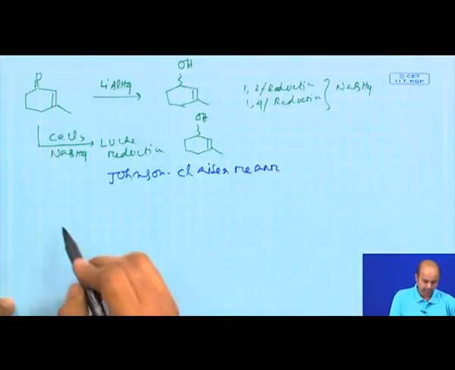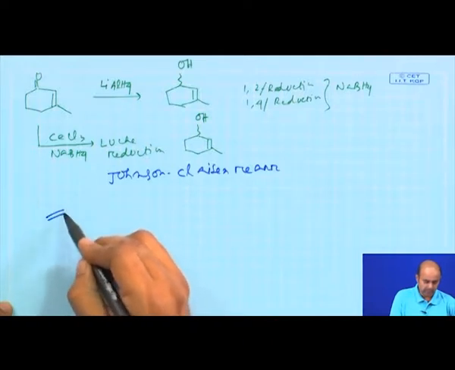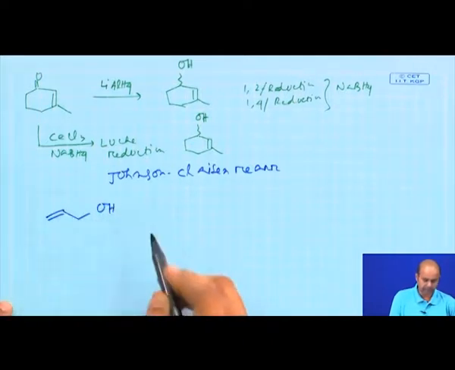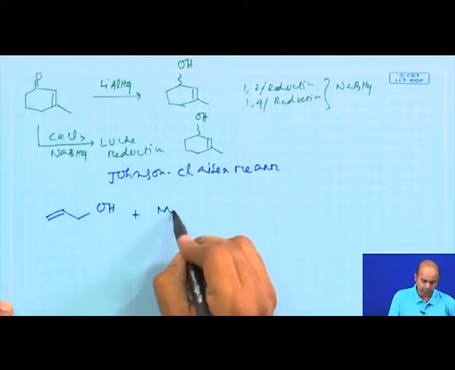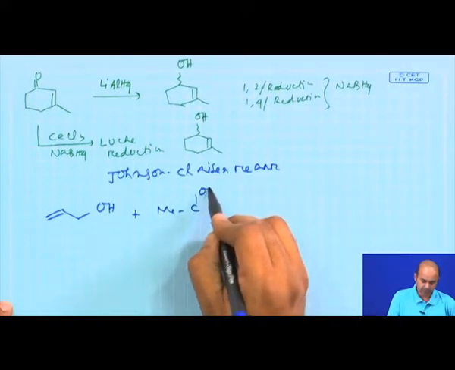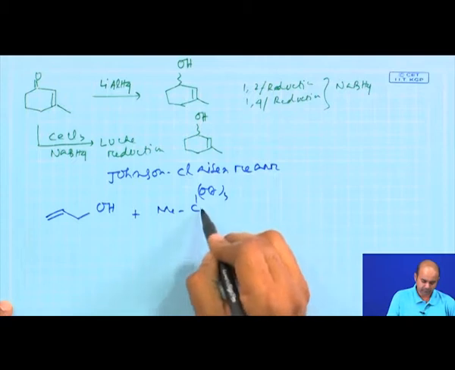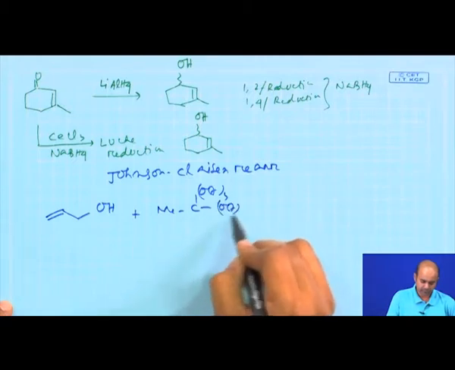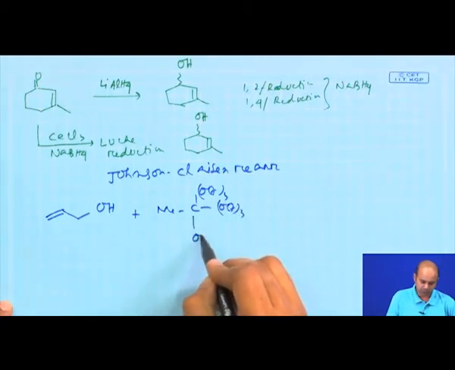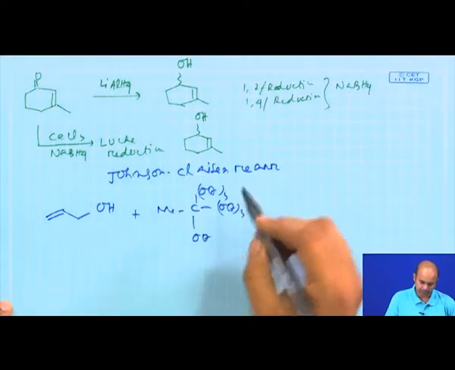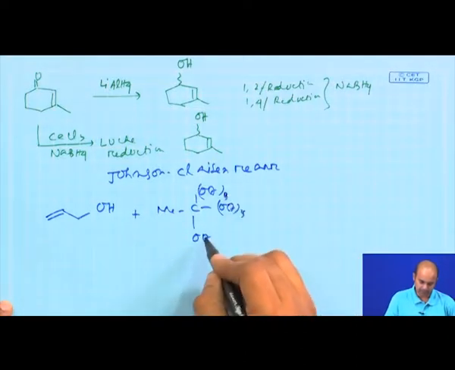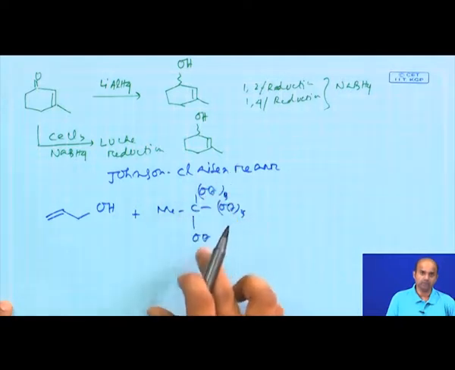You need an allylic alcohol as a starting material, and you need to take triethyl orthoacetate, MeC(OEt)3, that is OEt, OEt, OEt.